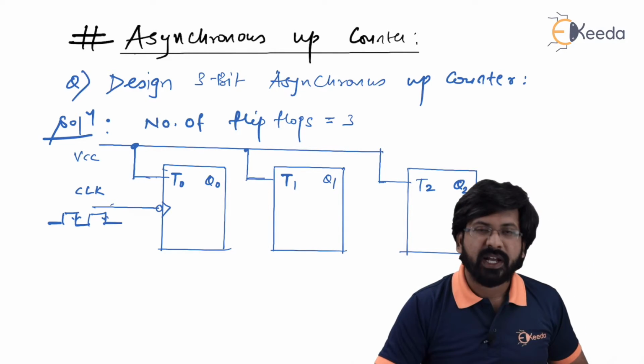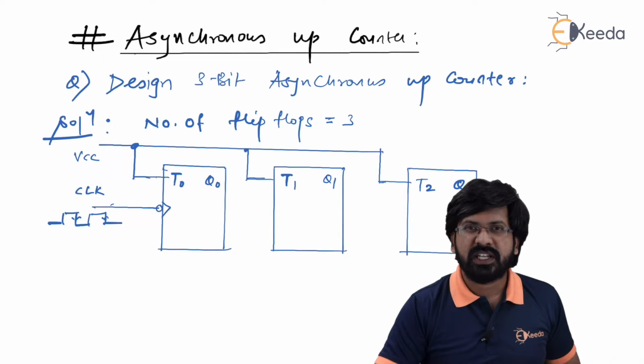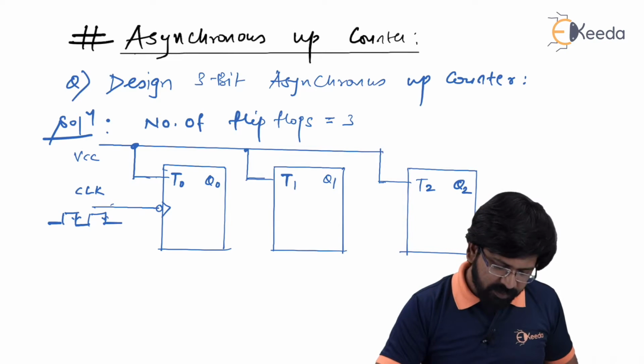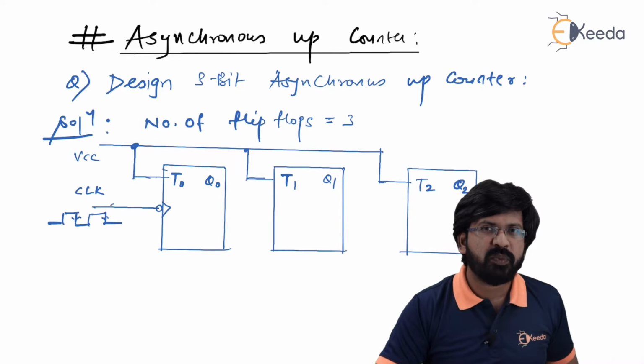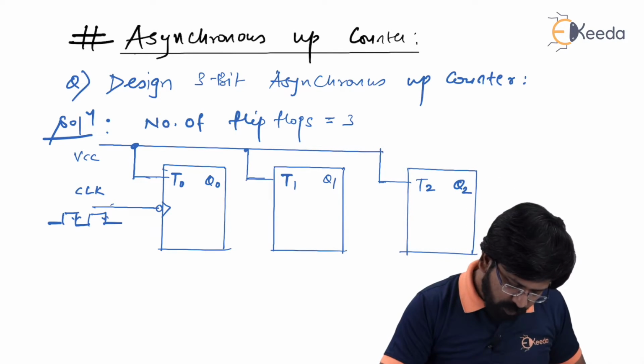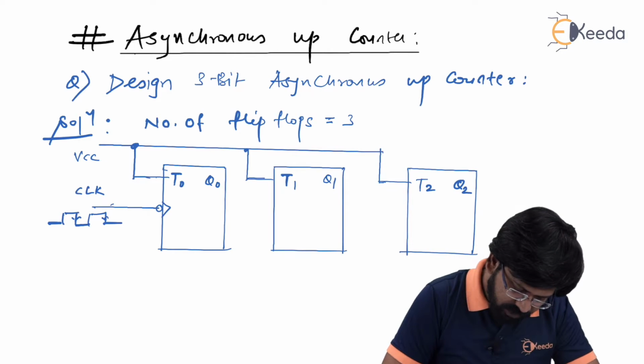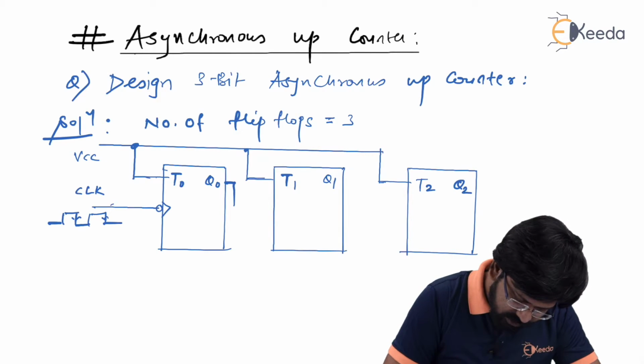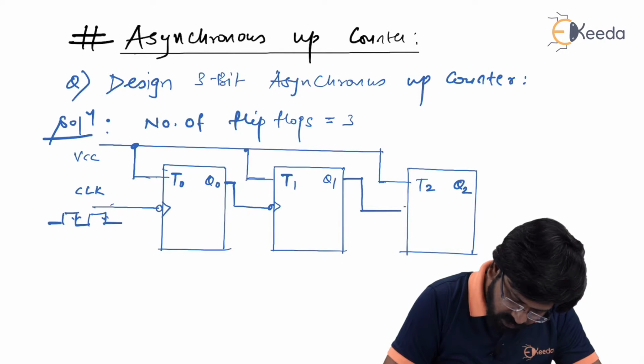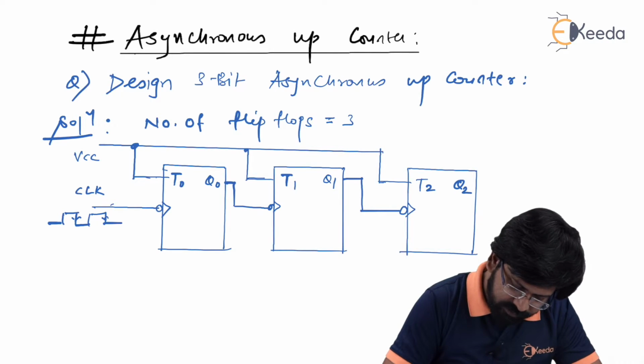If you remember, I said that whenever the main clock is given to a flip-flop, that flip-flop automatically becomes the LSB. So remember, output Q0 is the LSB and output Q2 is the MSB. Now the output of the first will be applied as a clock to the next, and then Q1 will be applied as a clock to the next, like this.